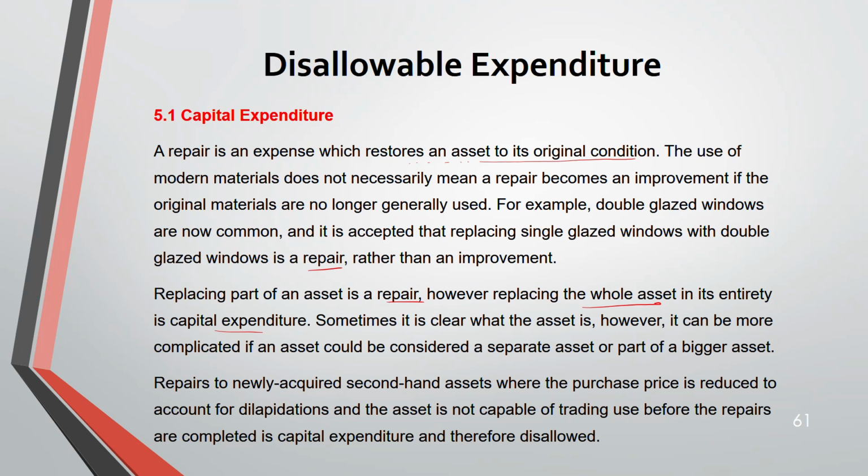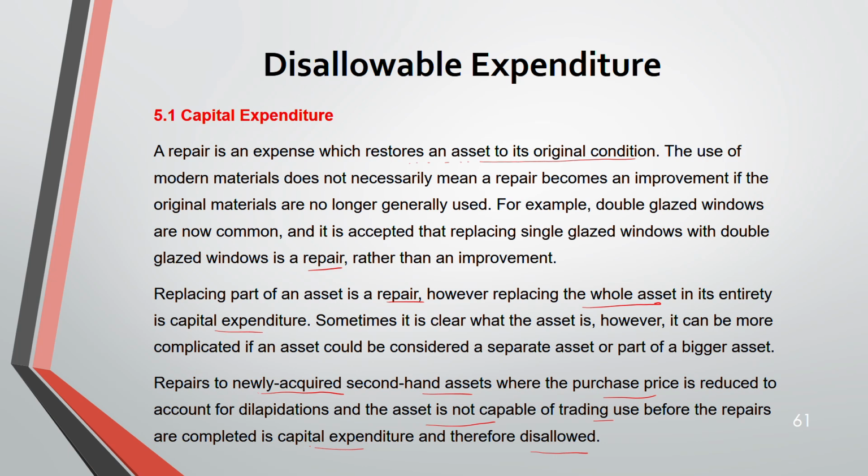Repairs to a newly acquired second-hand asset, when the purchase price is reduced and the asset is not capable of trading use before the repair, this is capital expenditure and it is disallowed.